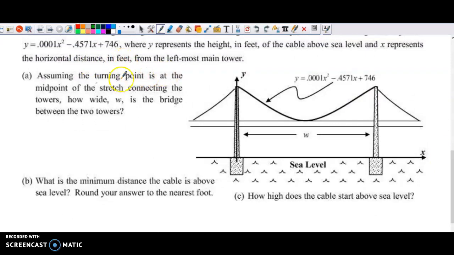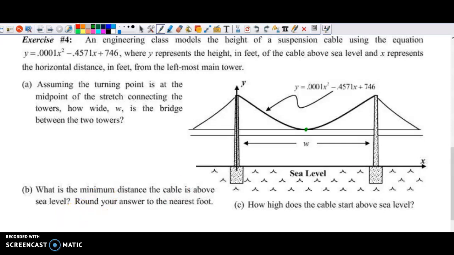So assuming the turning point is at the midpoint of this, well, how wide is the bridge? What you would have to do is figure out x equals negative b, so negative of the negative 0.457, so make that positive, over 2 times 0.0001.